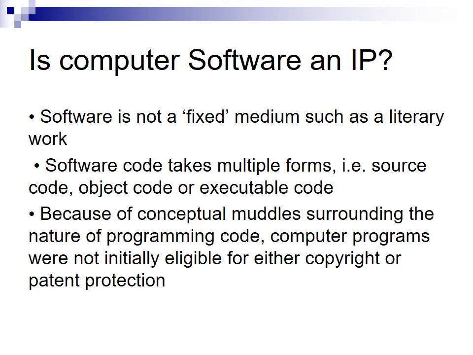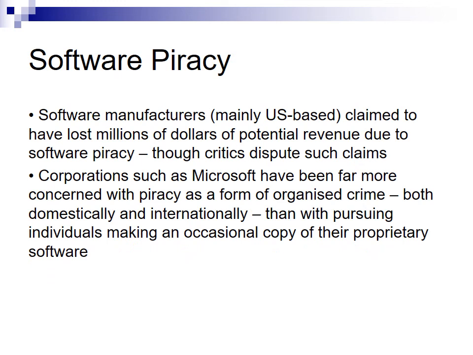Software code takes multiple forms: source code, object code, executable code or program code. Because of conceptual models surrounding the nature of program code, computer programs were not initially eligible, but now we can patent programs. Software piracy is a big headache for software security people.